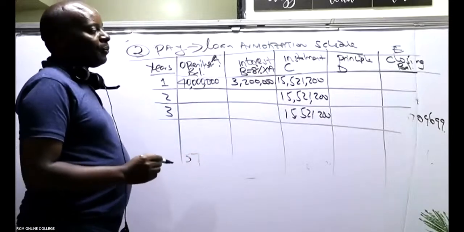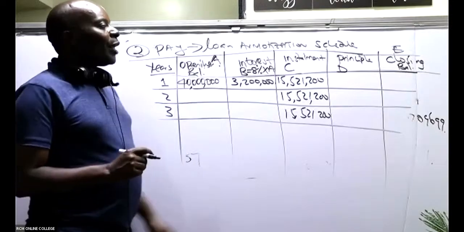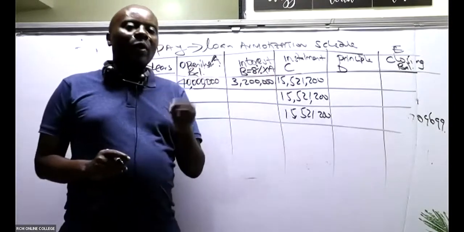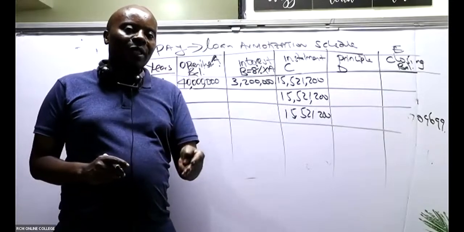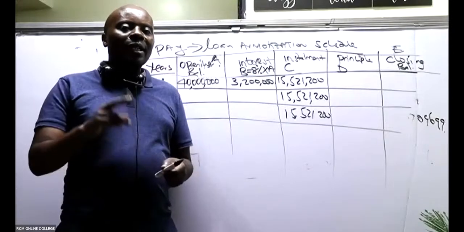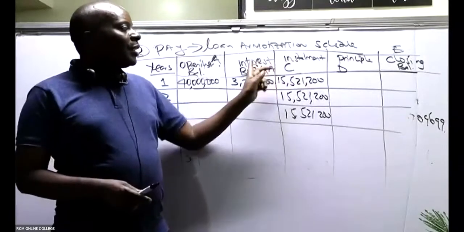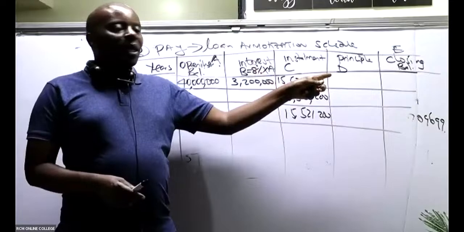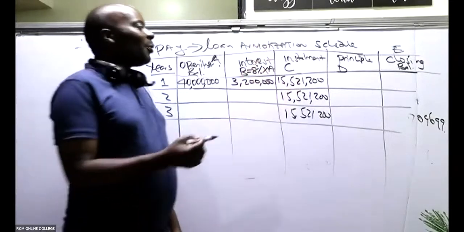Then, ladies and gentlemen, you know that whenever we pay an installment, it covers two things. It covers interest, and it covers what? It covers the principal. So basically, this installment is interest plus principal. Now that I have interest and I have installment, to get principal is very easy.